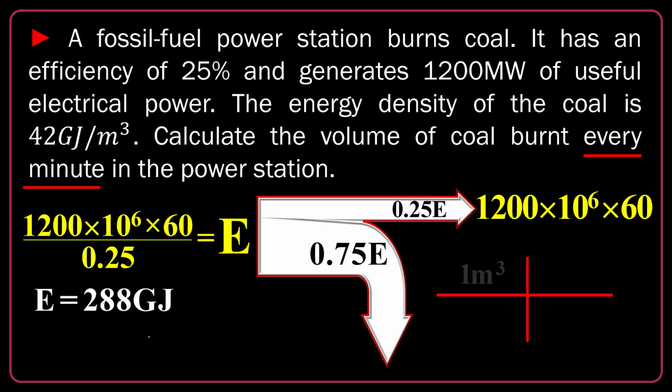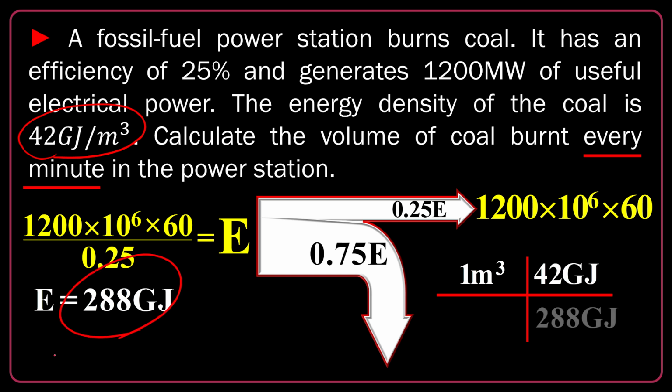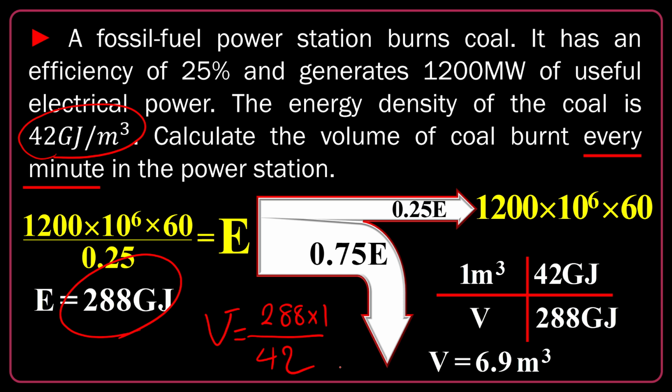I know that according to the given value, in 1 cubic meter, this fuel will generate 42 gigajoules. Now I'm gonna have 288 gigajoules. How much is the volume of the needed fuel? It's very easy, I just have a proportionality here. Volume is gonna be 288 times 1 divided by 42. That's all. The answer is 6.9 cubic meter.